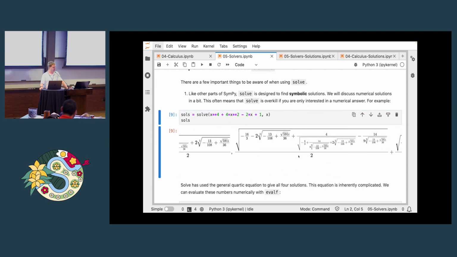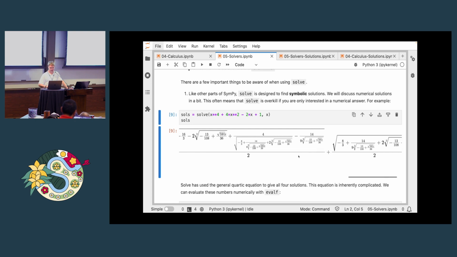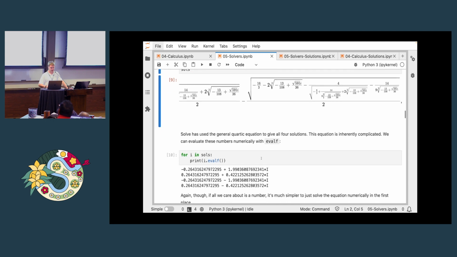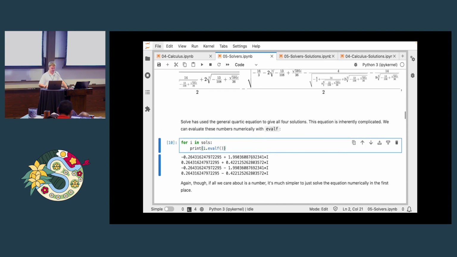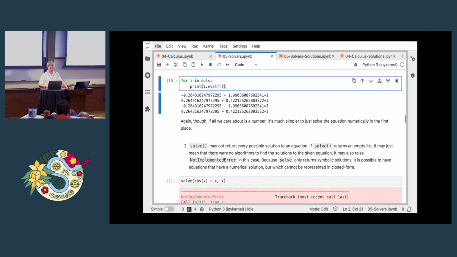And so if all you care about is a number, then solve is actually kind of overkill here, because you don't actually need all this complicated expression. You could evaluate this using evalf, but the bigger problem here is that sometimes solve just can't find a solution, and that's sometimes because there's no algorithms, and sometimes just because there isn't a closed form expression for the solution.